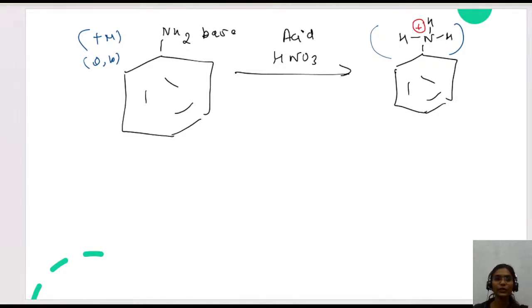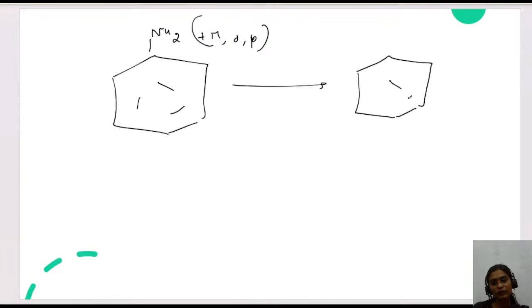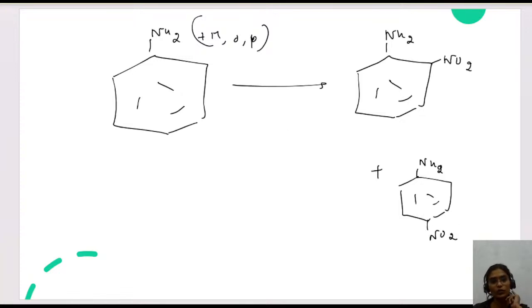Okay, I will. Listen to my question. If I am using aniline, it is a plus M group, it is ortho-para directing. Okay, Arul? So technically, in this case, if I am using NH2 and NO2, my first question was that between this, this is ortho, this is para.